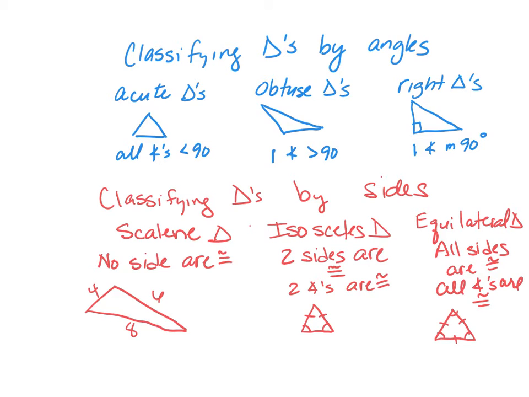Each one. If they all measure the same, they all measure 60 degrees. You cannot draw an equilateral triangle where all three angles don't measure 60. It's impossible to draw. So remember that only the angles you can tell, but not the sides.